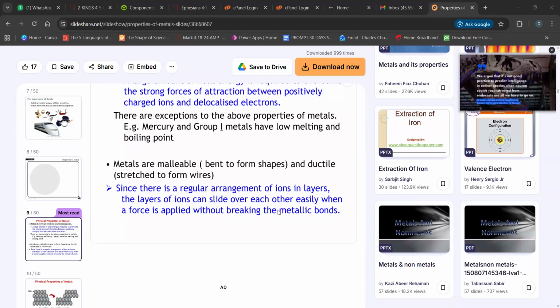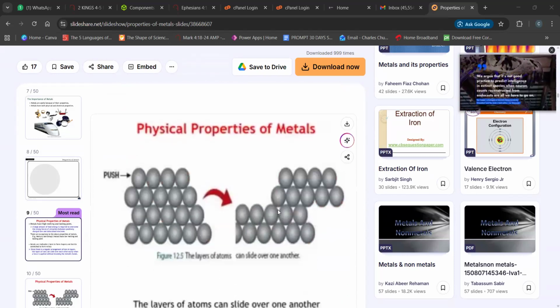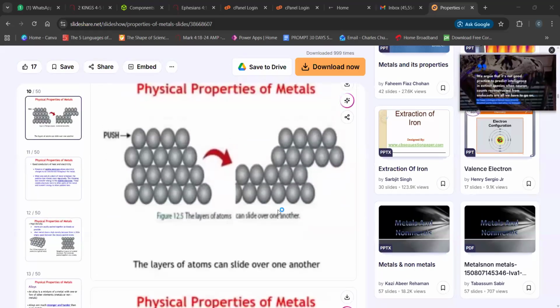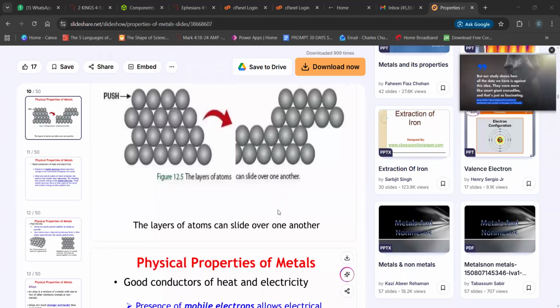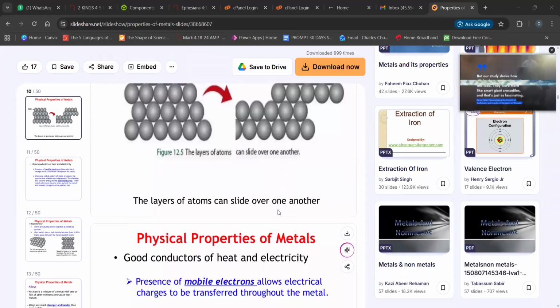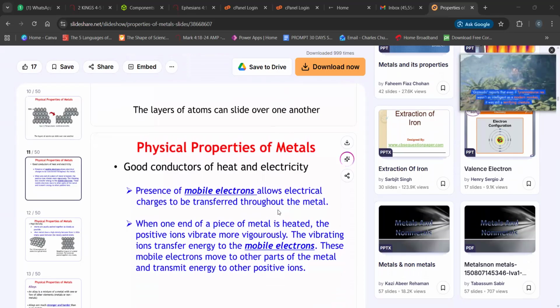That's just a pictorial representation of the crystal structure of metals, and you can see them sliding over each other gracefully in that picture.